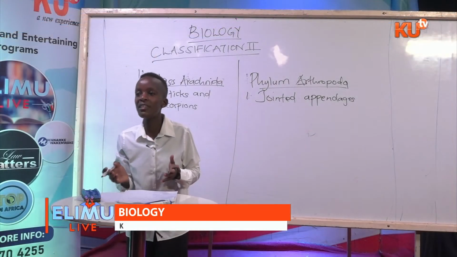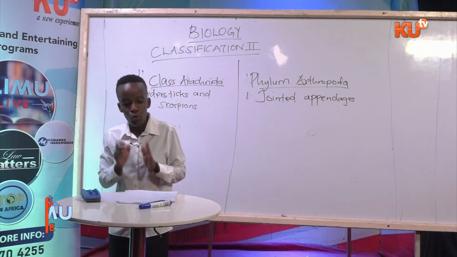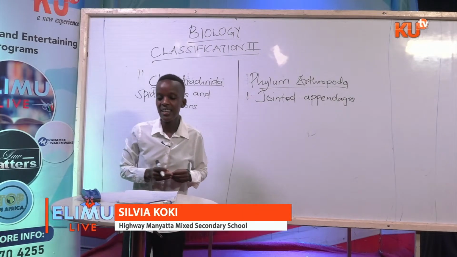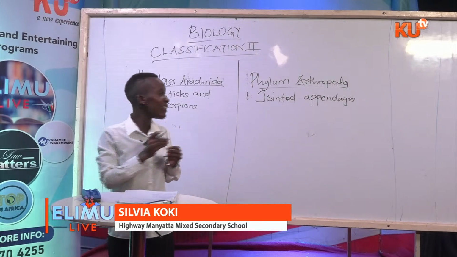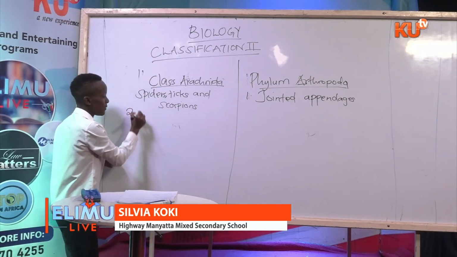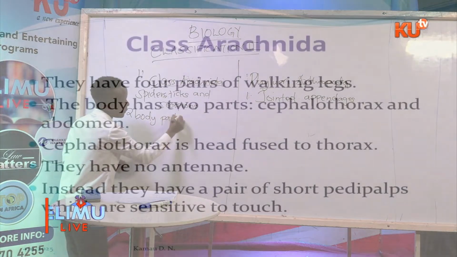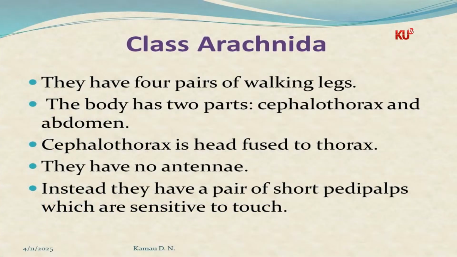These animals have 2 body parts. What does this mean? It means that the 2 body parts are the cephalothorax and the abdomen.